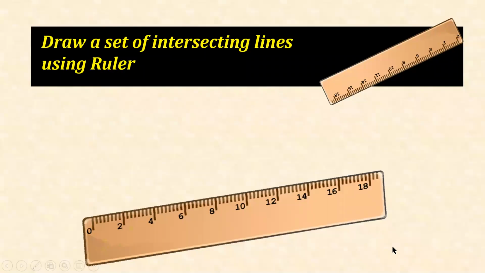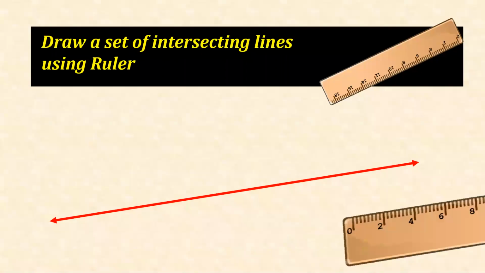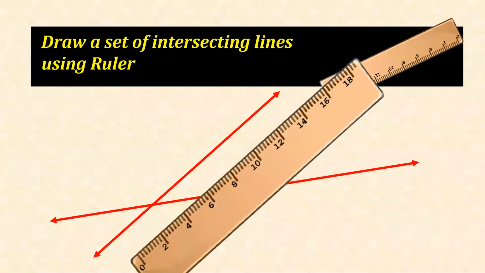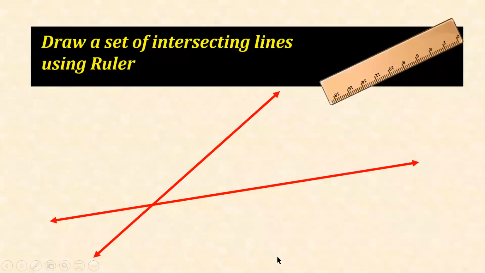So I have here again a ruler. I'll show you the first line. Then another line. So now two lines there. And I will name them line X and line Y, and they meet at point U.